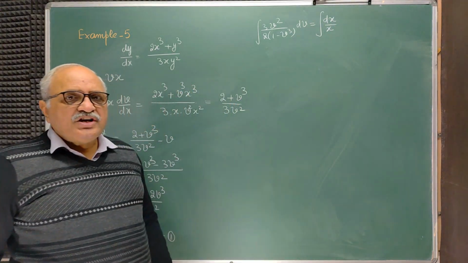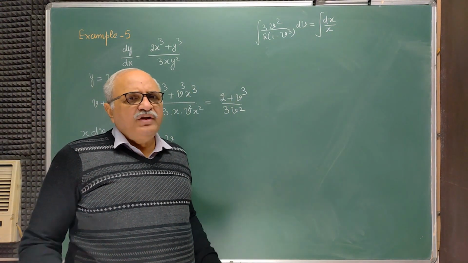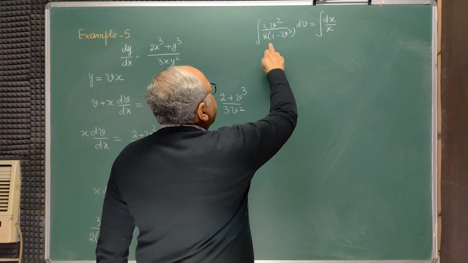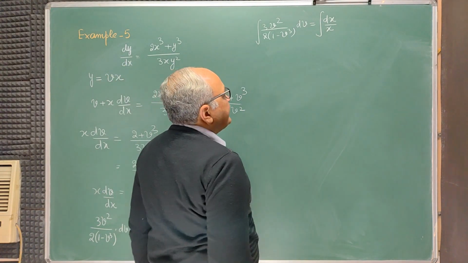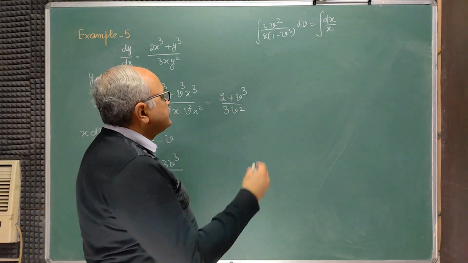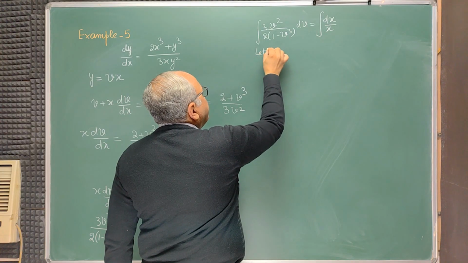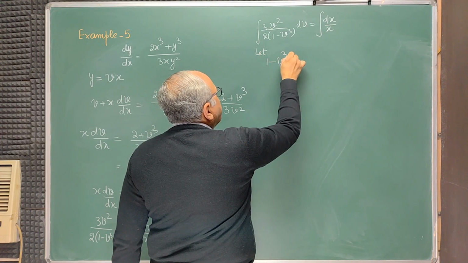Once again, the initial conditions are not given to us, so we'll put a constant of integration in this. Now here, if I try to go directly, it will not be possible. So let's have one substitution here. Let 1 minus v cube be u.